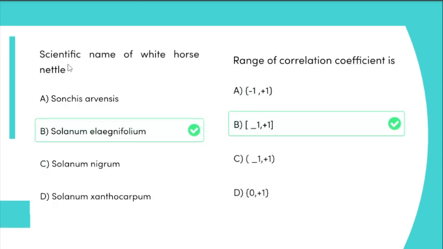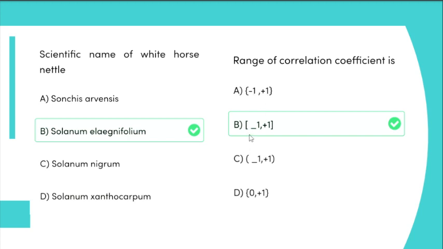Next question, scientific name of white horse nettle is Solanum elaeagnifolium. Next question, range of correlation coefficient is, so here option number B is correct. You have seen that there are many brackets here. This is the flower bracket, which represents either -1 or +1.